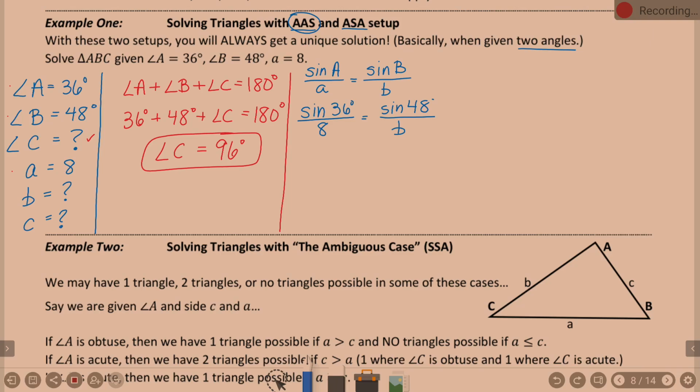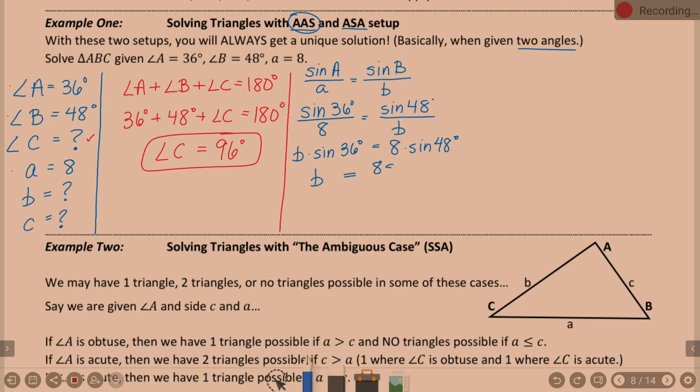Do you guys remember cross products? Where it's the diagonals? B times the sine of 36 degrees is equal to the other diagonal, 8 times the sine of 48 degrees. And then, how do I solve for B? If it's B times this, I'm going to divide.